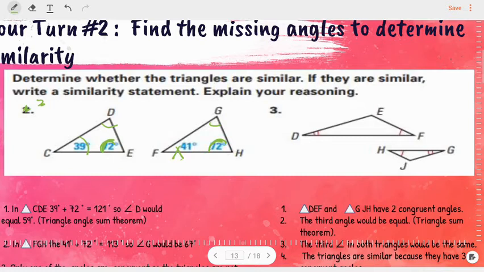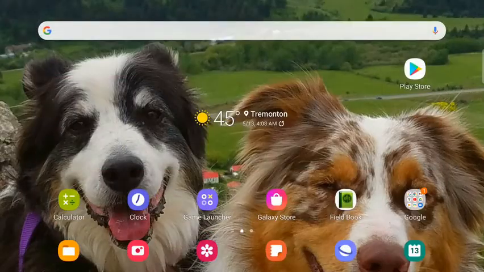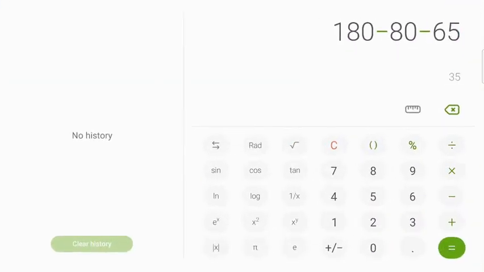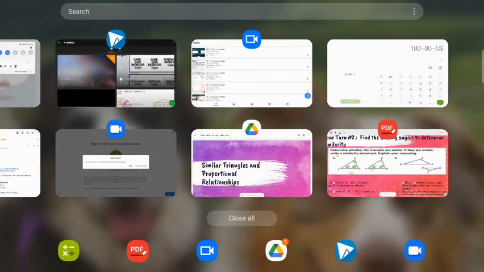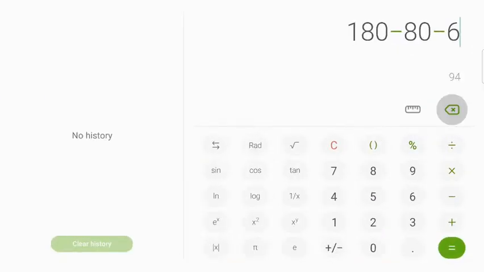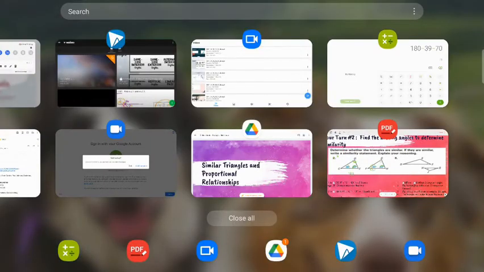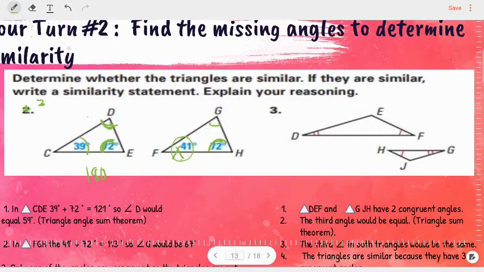So I'm going to take my calculator and take 180. I'm going to find this angle D. And if it matches 41, then I might be in luck. So 180 minus 39 and minus 72. That is 71. So I marked this angle up here with 71.